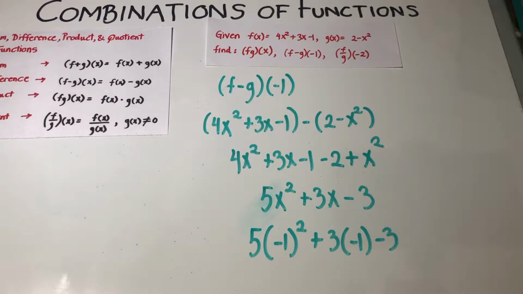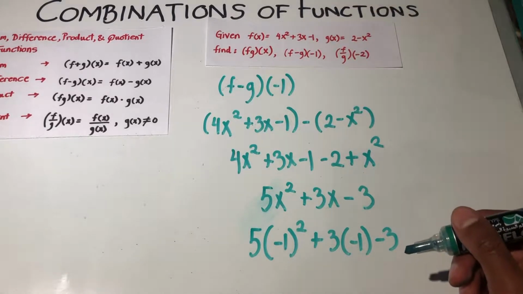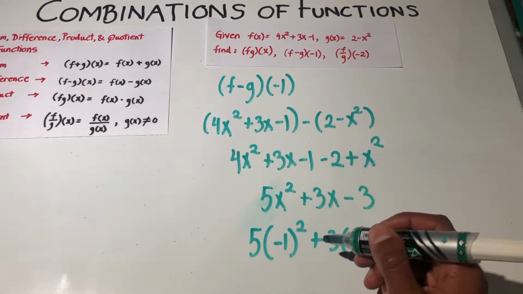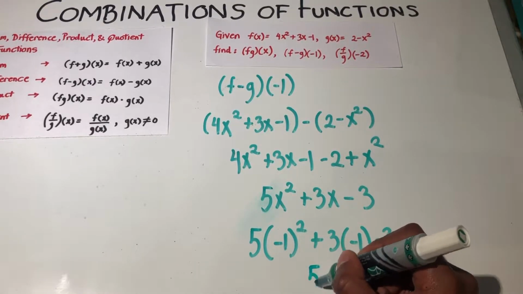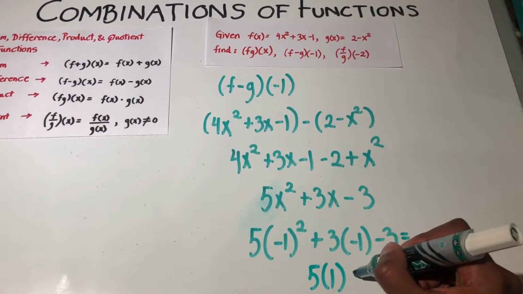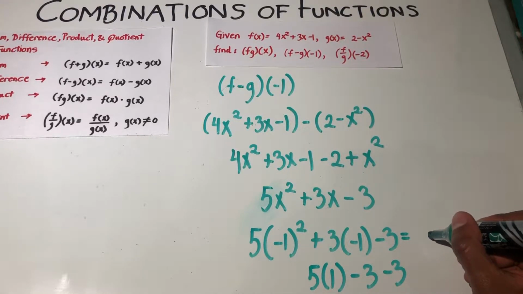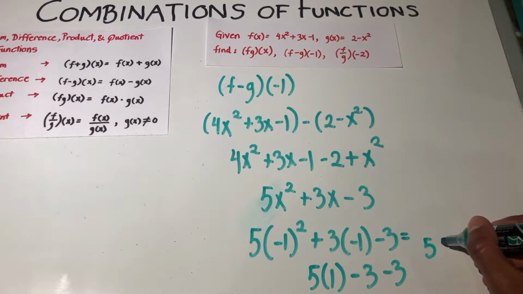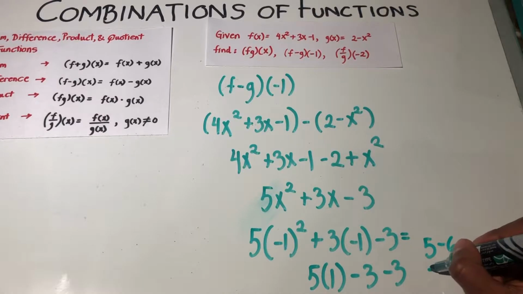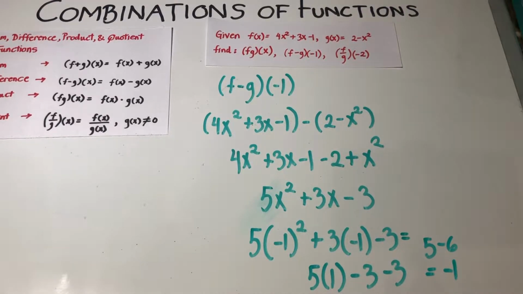Let me just make sure. 4x squared plus 3x minus 1. Oh, looks like I did everything right. So that's going to give us 5 times 1 minus 3 minus 3. So that's basically 5 minus 6, which is just -1. So that's our answer.